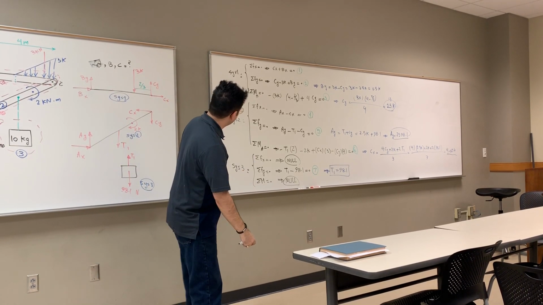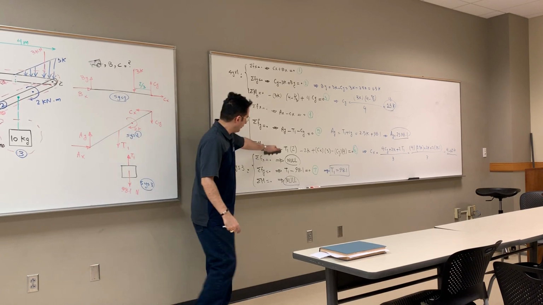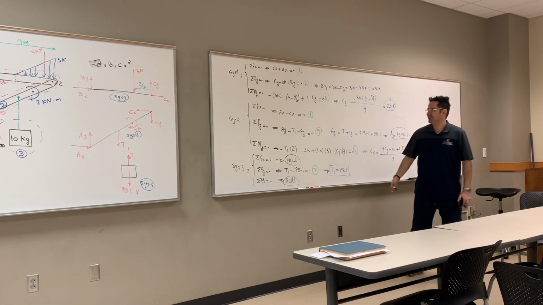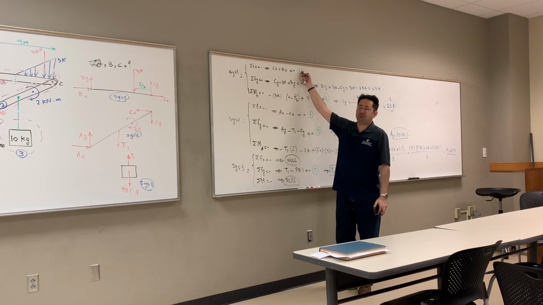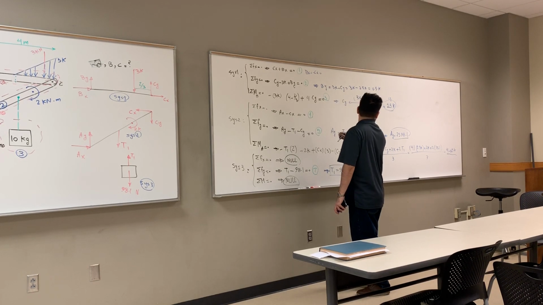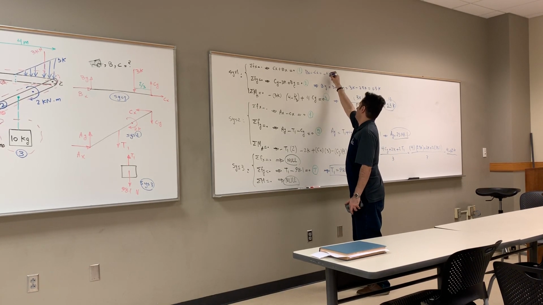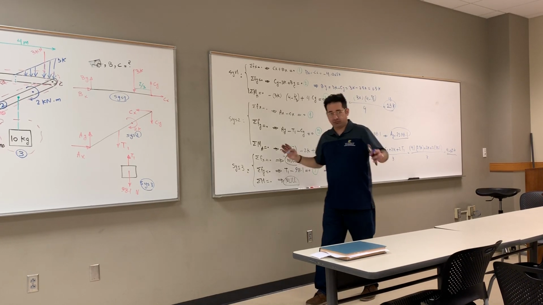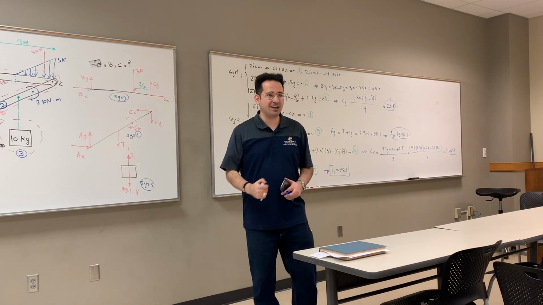Well, obviously, if you look at this, you say I had to go through all of the question, through all the lines, to get to this point where finally I get Bx is equal to negative Cx, which is negative 4.065K. So no, I can't solve Bx with one equation.